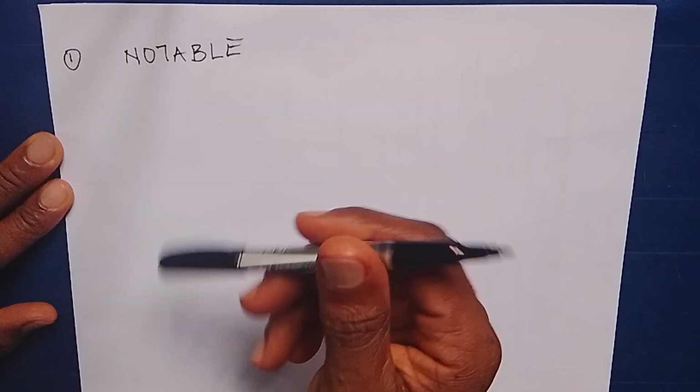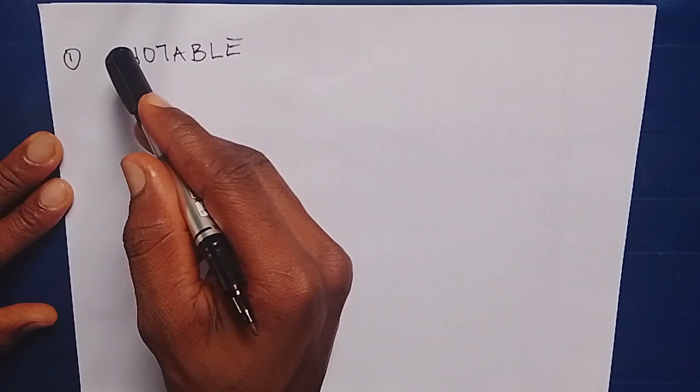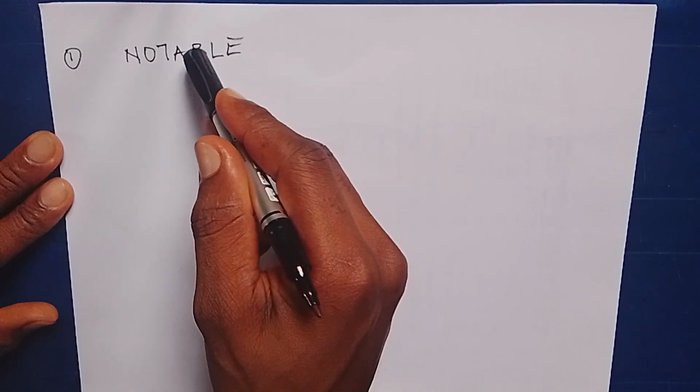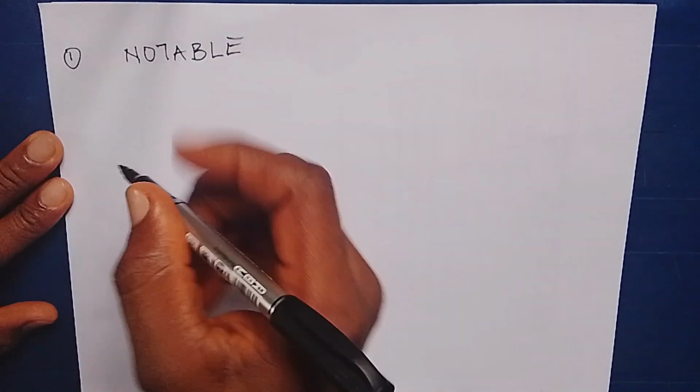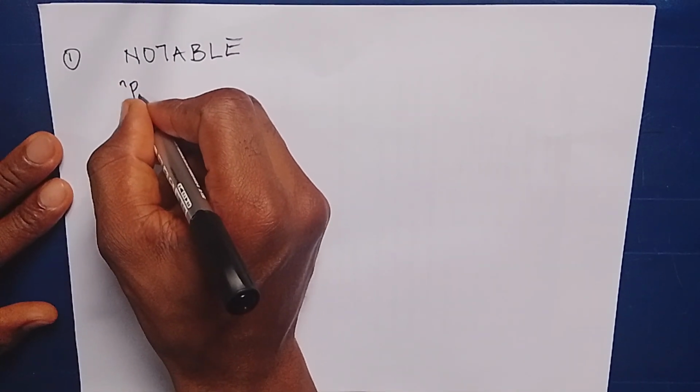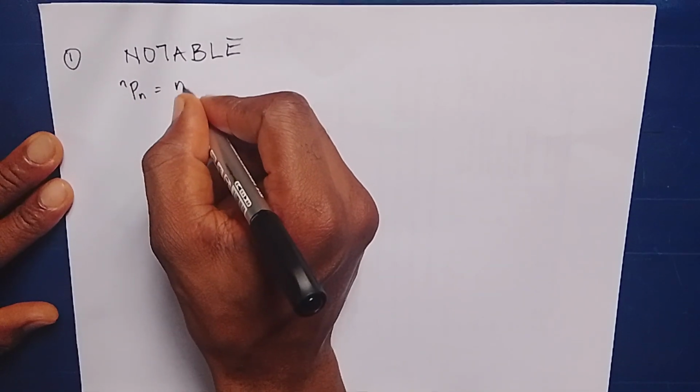So how do we find the number of possible arrangements of this? We count how many objects we have. How many letters? 1, 2, 3, 4, 5, 6, 7. Now, this is the case of nPn, which is equal to n factorial.